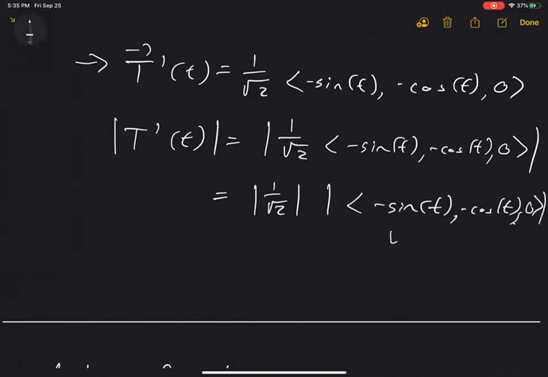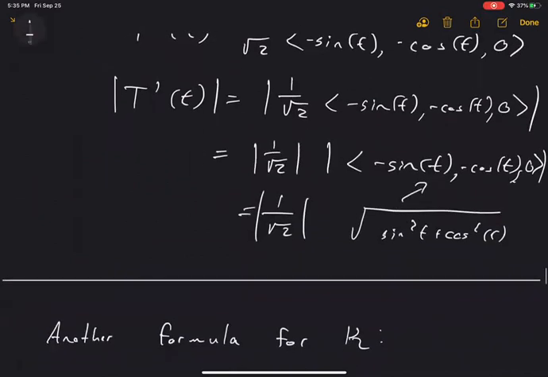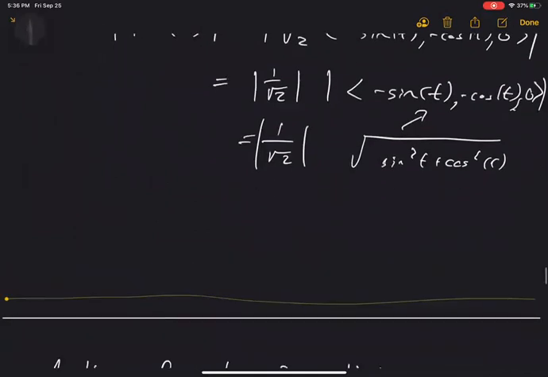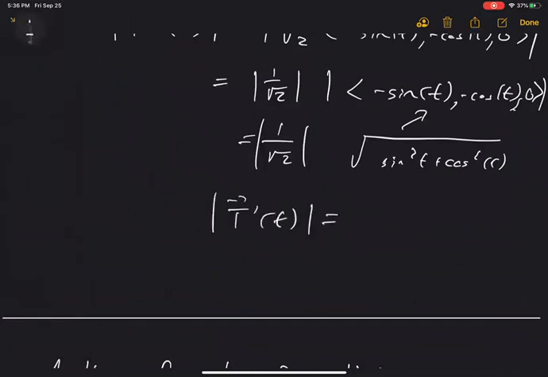What's the magnitude of this vector? Sine squared t plus cosine squared t, so that's 1. Now I'm multiplying that by that 1 over the square root of 2 out front. So the magnitude of my T prime of t is 1 over the square root of 2.